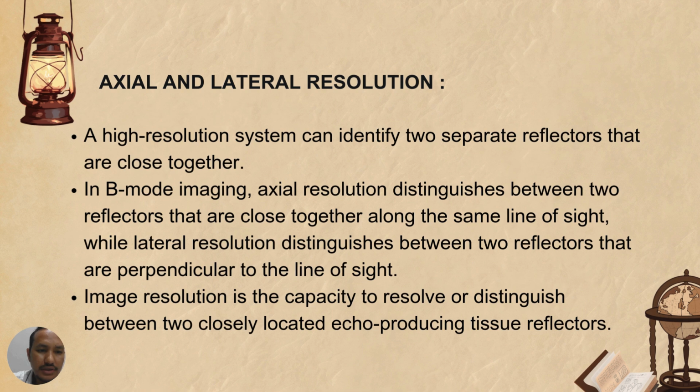And then the axial and lateral resolution. A higher resolution system can identify and separate reflectors that are close together. In B-mode imaging, axial resolution distinguishes between two reflectors that are close together along the same line of sight, while lateral resolution distinguishes between two reflectors that are perpendicular to the line of sight.